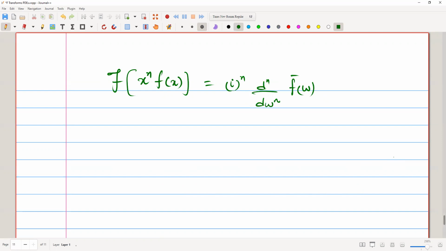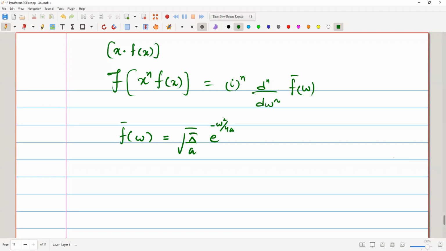Okay. So now F of omega, what we get is simply this thing, square root of pi over a times exponential negative omega squared over 4a. Now we have to take the derivative of this function because we have x times the function of x, simply, right?